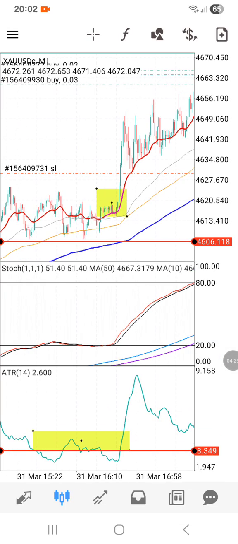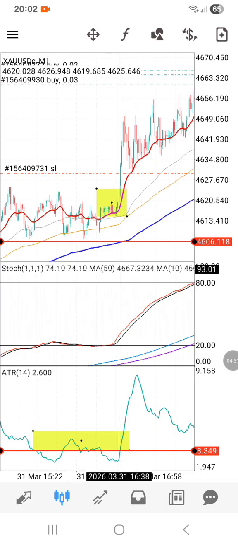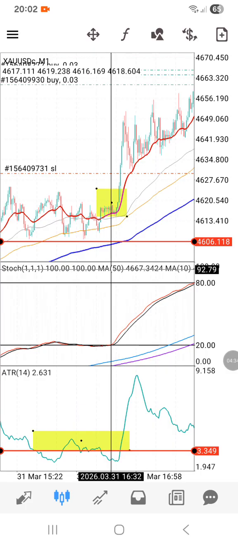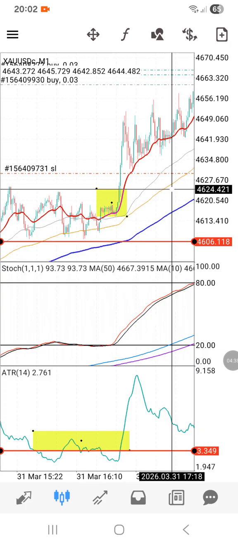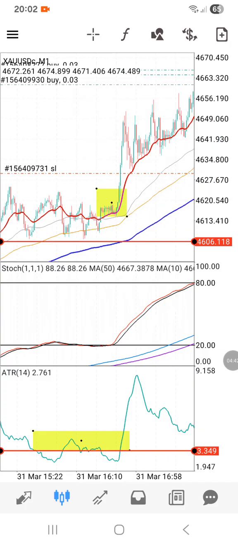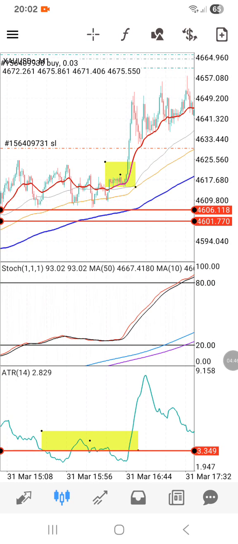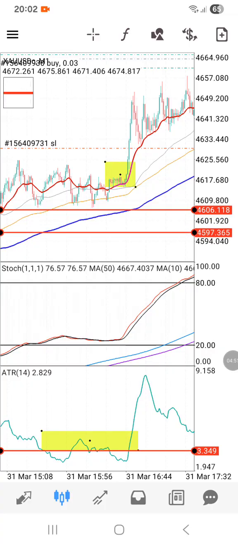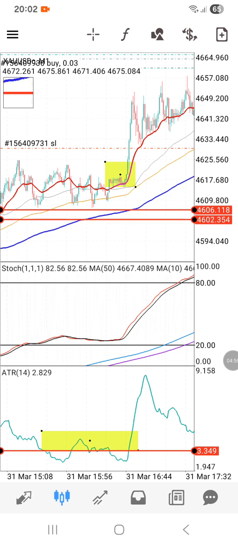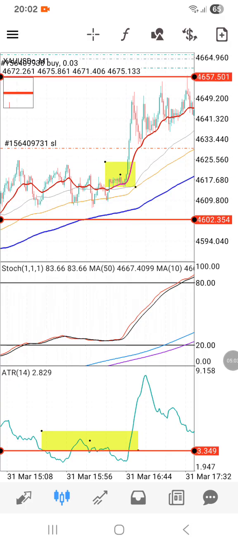So the ATR for this particular point where you are buying is at 3.349. So the blue line is 4606. If you are subtracting 3.349 from that, that should give you like 4602 point something. That will now be your actual stop loss.